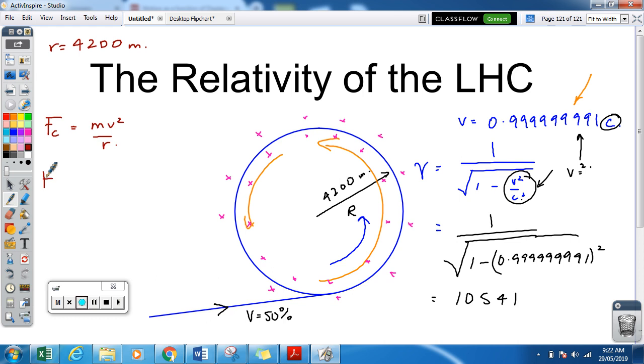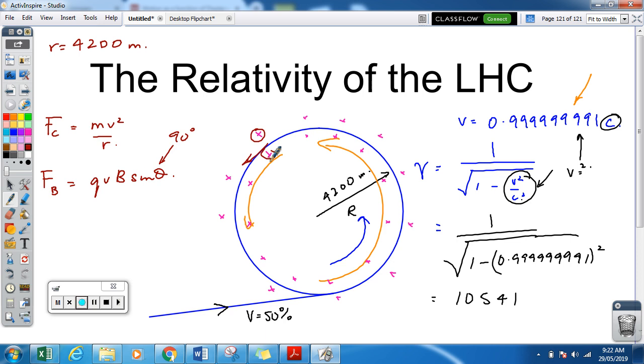The magnetic force that is needed is given by qvB sine theta, and we know that the angle theta here is going to be 90 degrees because we've made sure that it acts at right angles to the actual pathway. If these are the magnetic fields, then this is the pathway here. We've got it at 90 degrees.